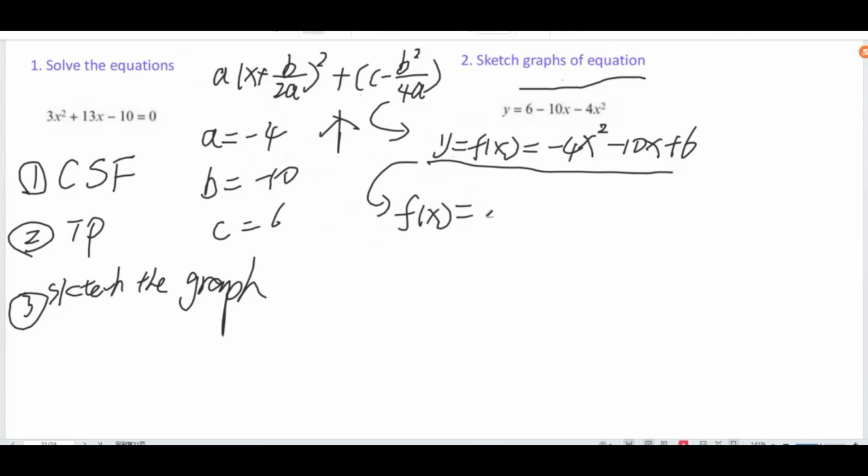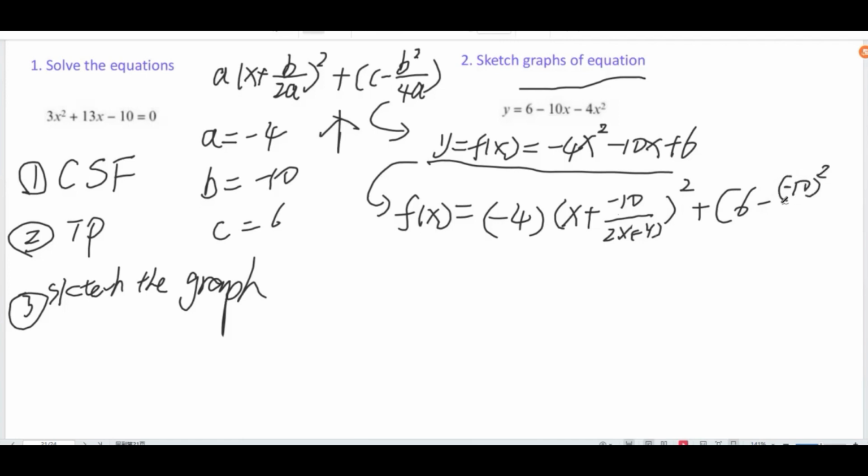So this function can be rewritten as -4 brackets x plus b, which is -10, divided by 2a, 2 times -4, all squared, and plus c, here 6, minus b squared, -10 squared, divided by 4a, 4 times -4.